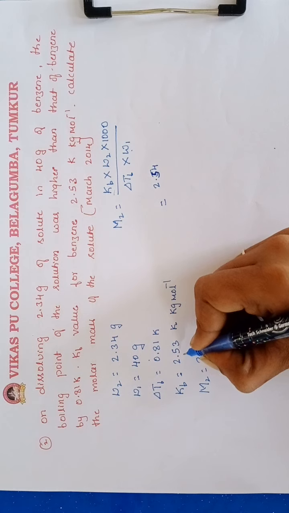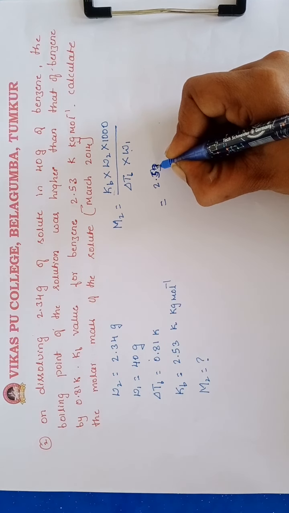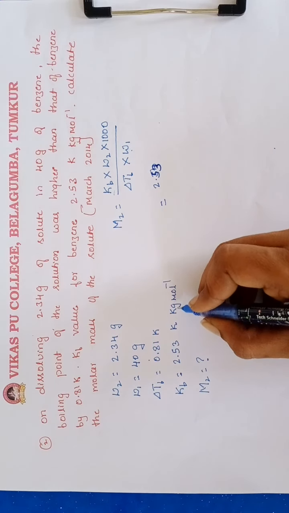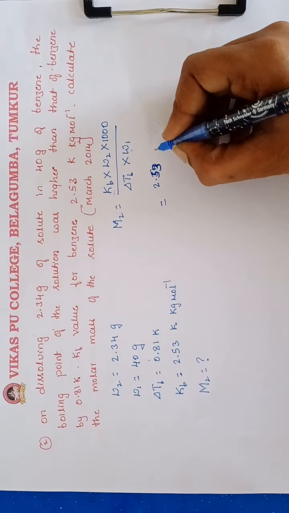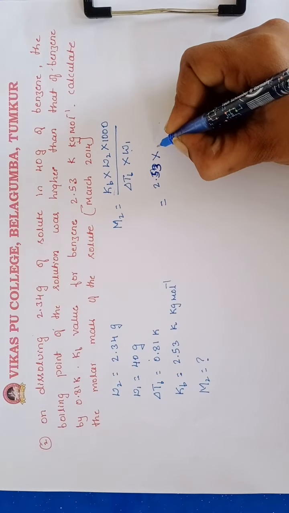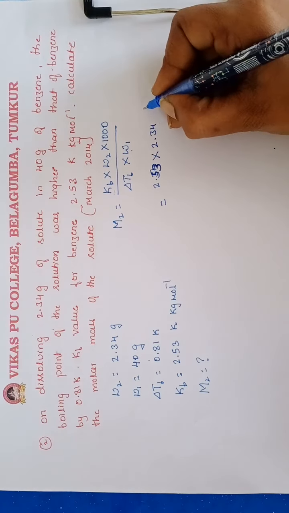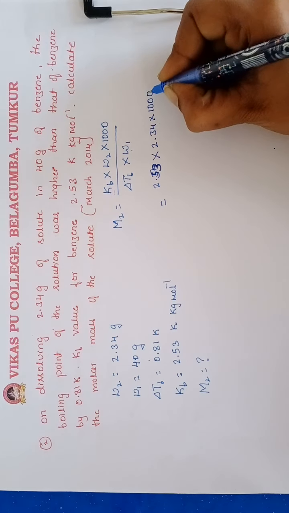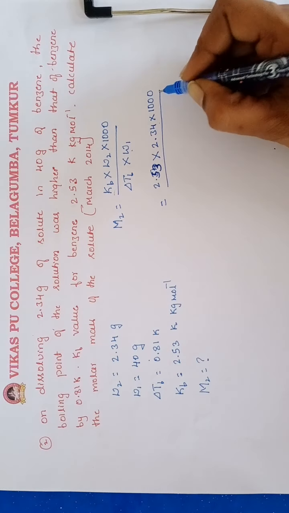Kb, how much is given? 2.53 Kelvin kg per mole. Into W2, how much is given? 2.34, into 1000, divided by delta TB.